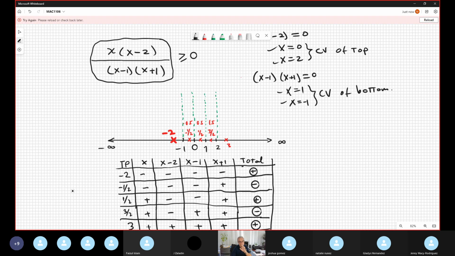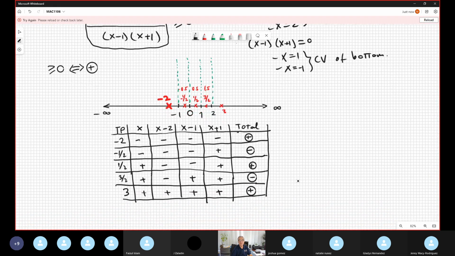So in other words, greater than or equal to 0 is equivalent to saying positive or 0. Okay, now the true ones are this, this, and this.